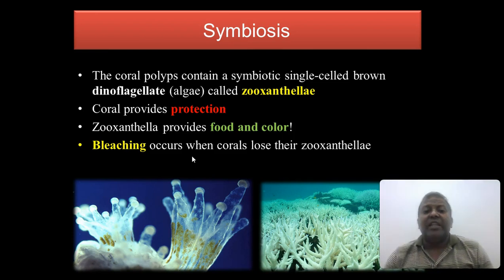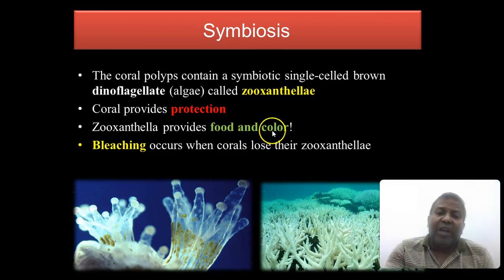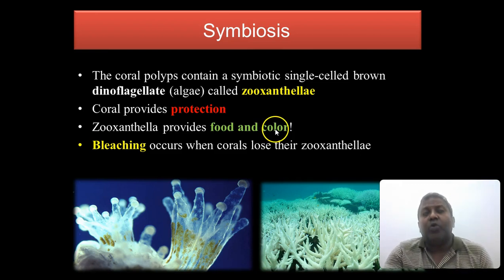Now, another interesting phenomenon in the coral reef colony is the symbiotic relationship of the coral polyps with some algae. The group of algae is known as zooxanthellae. The coral provides protection to those algae, and in return, the zooxanthellae provide food and color. So if the coral expels these algae due to pollution or global warming or any other reason, the coral polyp dies, and the remaining coral skeleton is known as coral bleaching.